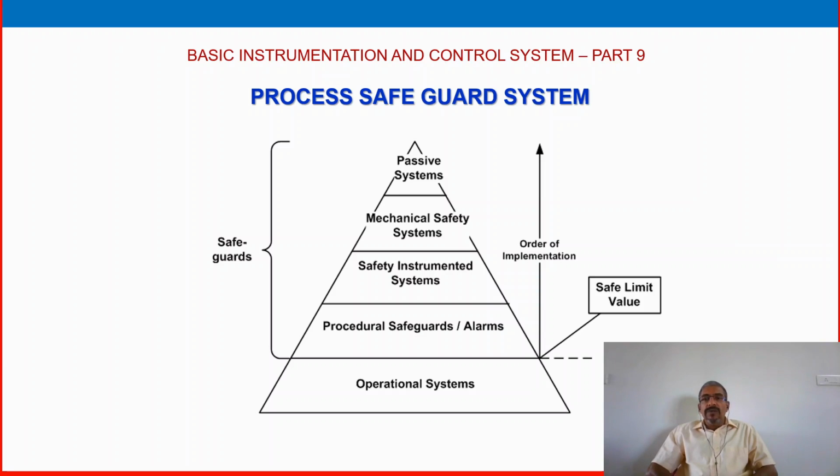In all previous videos we have discussed various parts of the control system. In this video we are discussing the process safeguard system. Here you can see one is an operational system, which is our basic process control, like the control loop we have discussed in previous videos.